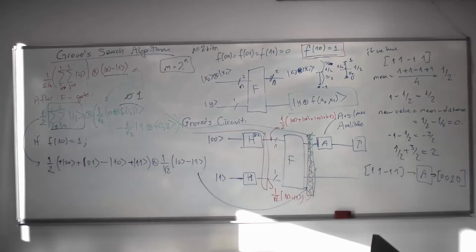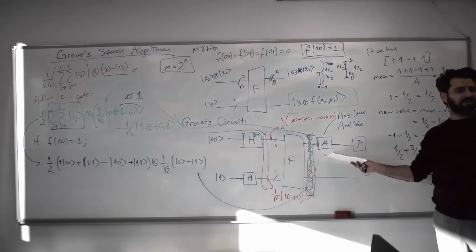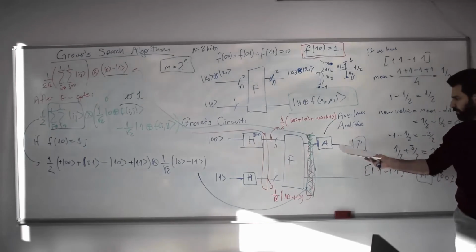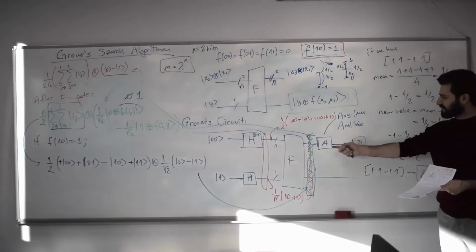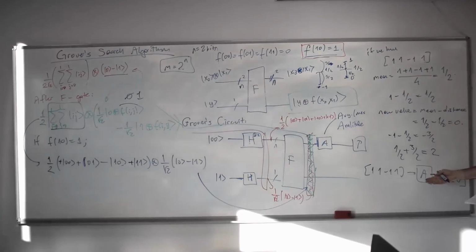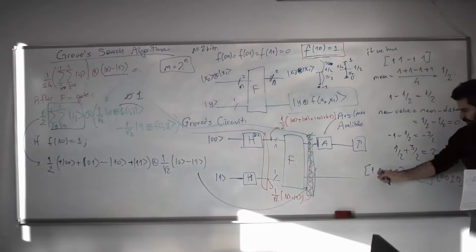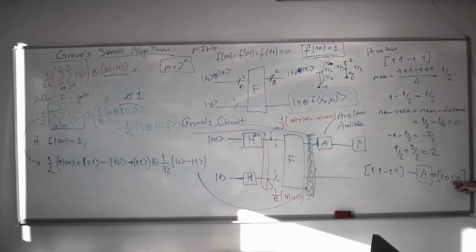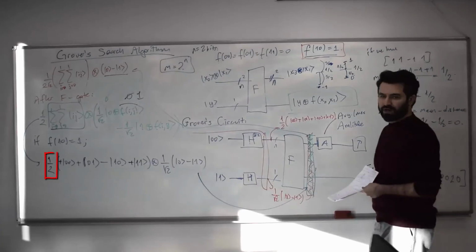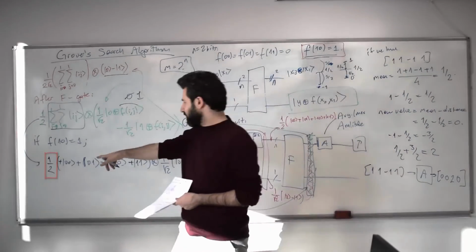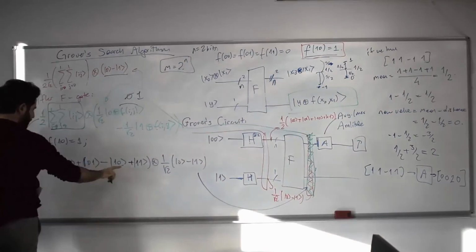I'm going to show you that this gate is implementable, but just bear with me that we have the kind of transformation I just described. If we have such a transformation, then this vector will be transformed into 0, 0, 2, 0, instead of 1, 1, minus 1, 1. Which is good, because we already have 1/2 in the front of this expression.